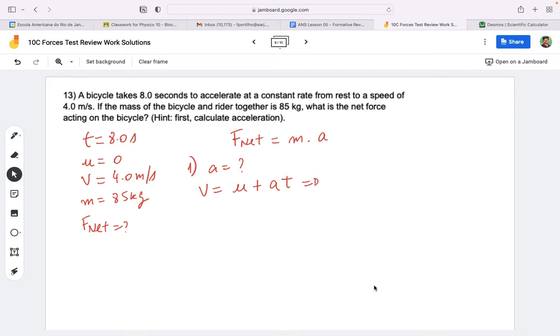Plugging in the values, we have velocity equals 4, initial velocity 0, plus acceleration times time.